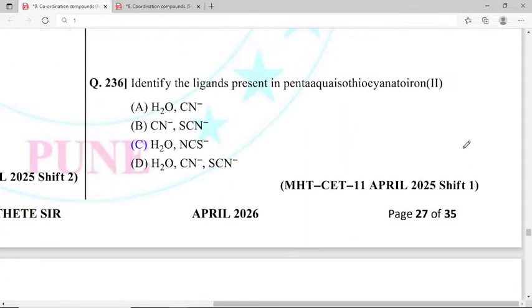Identify the ligand present in the pentaaqua isothiocyanate. So water and NCS minus. Penta stands for 5.